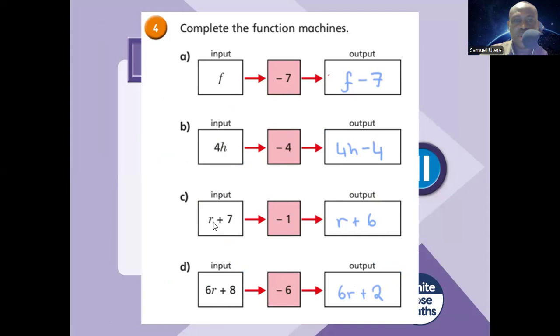So if you remember, you can take the 1 from the 7 bar, not from the r bar. If you're thinking about it in terms of bar model, we don't know what r is. Here, you can take the 6 from the 8 bar, not from the 6r bar. So we can simply write this as 6r plus 2 because the result of taking 6 from the 8 bar will be 2. So it's 6r plus 2.